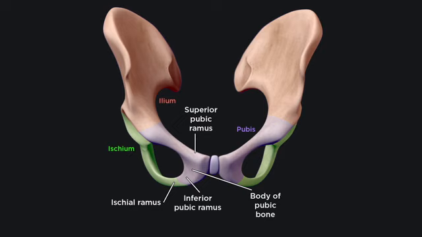Together, the superior pubic ramus, body of the pubic bone, inferior pubic ramus, and ramus of the ischium all help to surround and form the largest foramen in the body, the obturator foramen. Despite its large size in the skeleton, the obturator foramen is nearly completely covered by a membrane of connective tissue that is sandwiched by an obturator internus muscle on its deep side and obturator externus muscle on its superficial side.